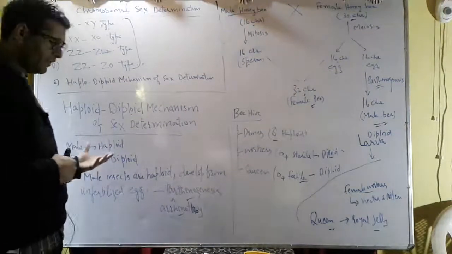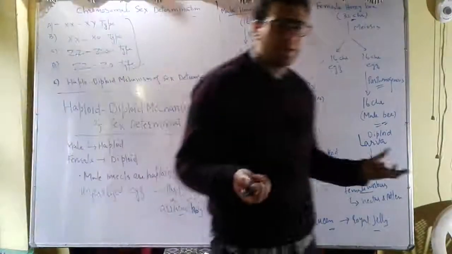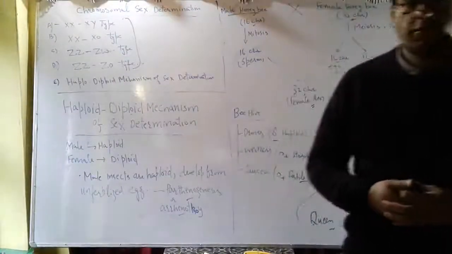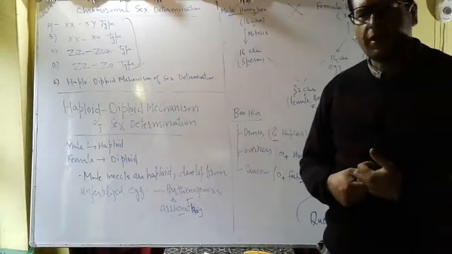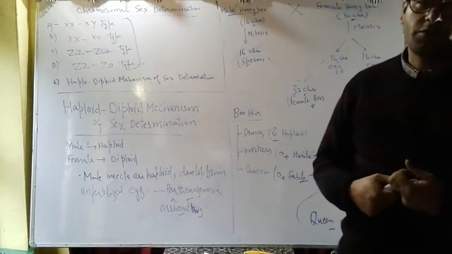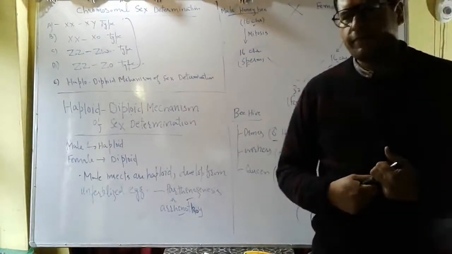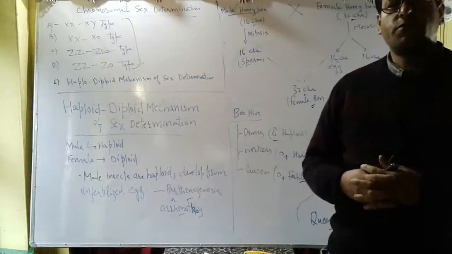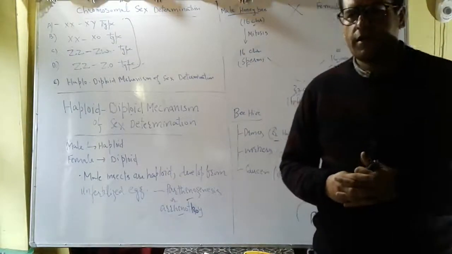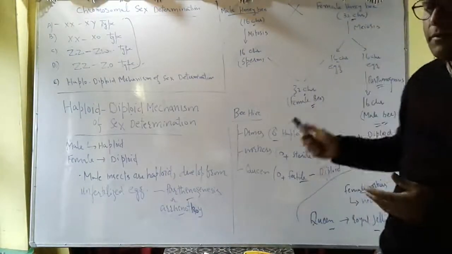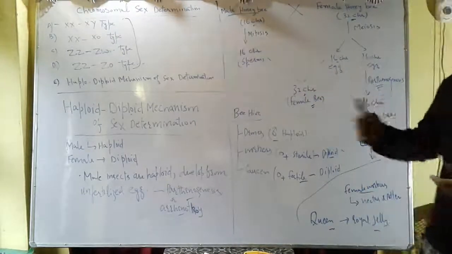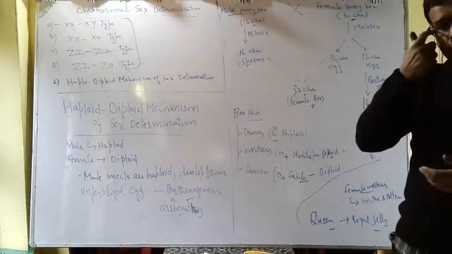Here one thing you have to remember is that males are haploid and females are diploid. Males are obtained from the unfertilized egg by the phenomenon called parthenogenesis, and females are formed by the fusion of the gametes. Sperms are formed by means of mitosis and eggs by means of meiosis.